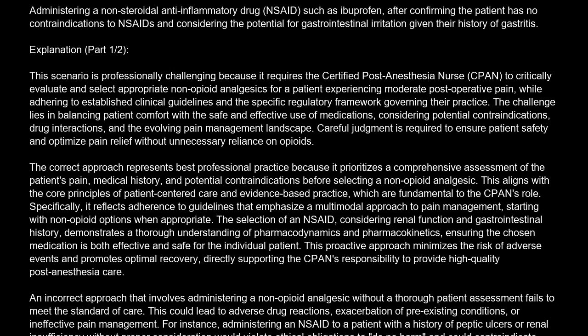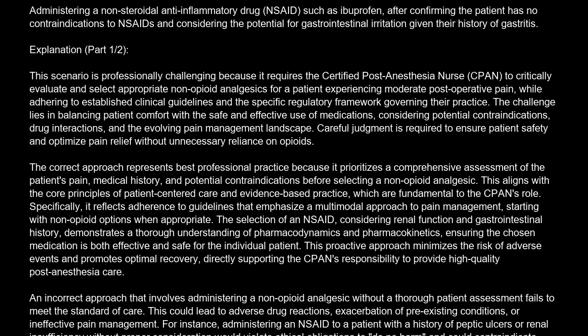The correct answer is A. Administering a non-steroidal anti-inflammatory drug, NSAID, such as ibuprofen, after confirming the patient has no contraindications to NSAID and considering the potential for gastrointestinal irritation given their history of gastritis. Explanation: this scenario is professionally challenging because it requires the certified post-anesthesia nurse, CPAN, to critically evaluate and select appropriate non-opioid analgesics for a patient experiencing moderate postoperative pain, while adhering to established clinical guidelines and the specific regulatory framework governing their practice.